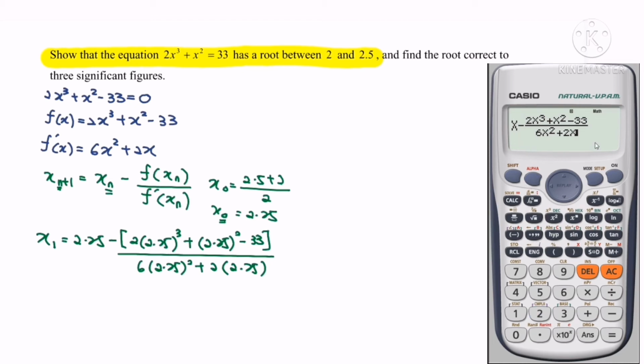Here we have keyed the function into the formula. The next step is to press the calculate button and key in the value 2.25. Press equals and we will have our answer, meaning that x1 equals 2.397849462.